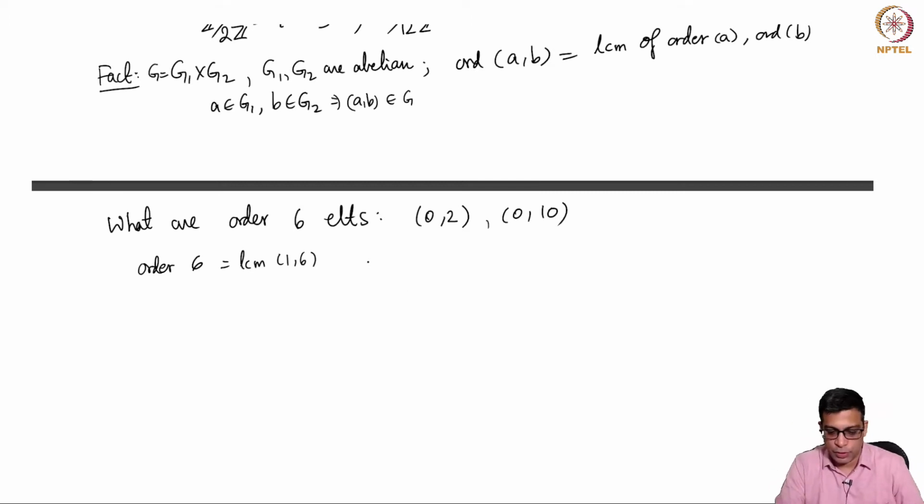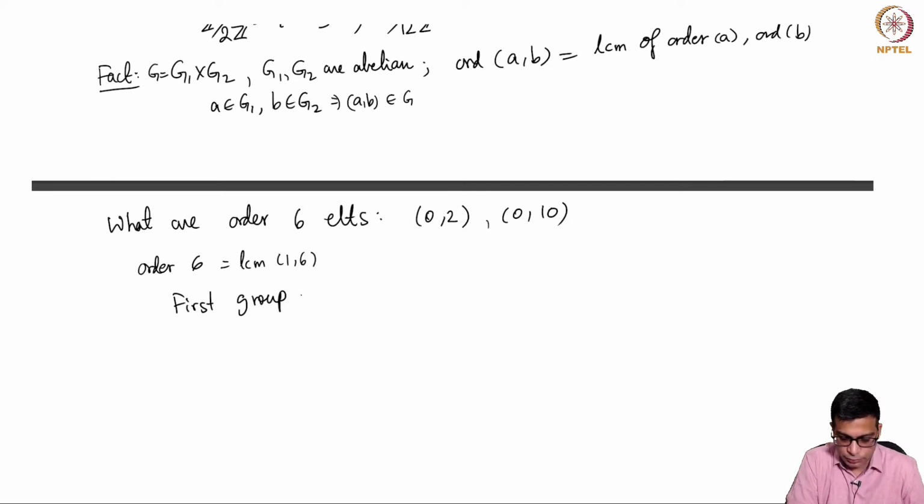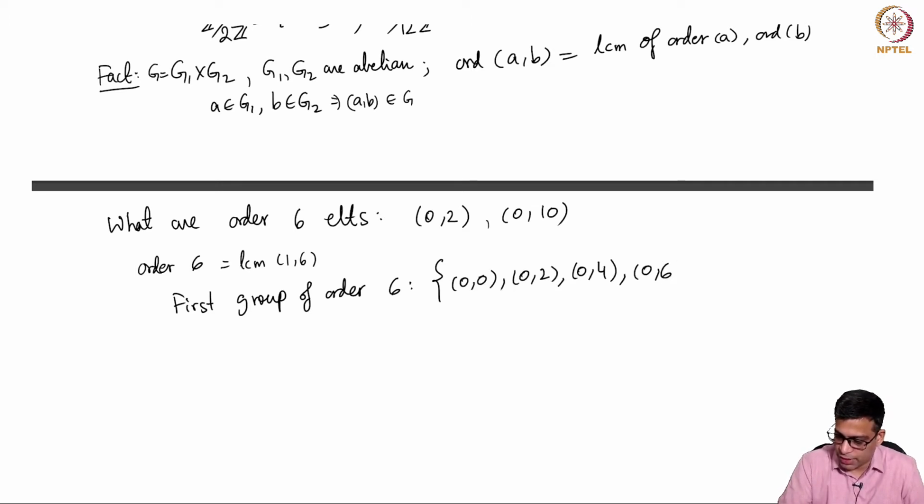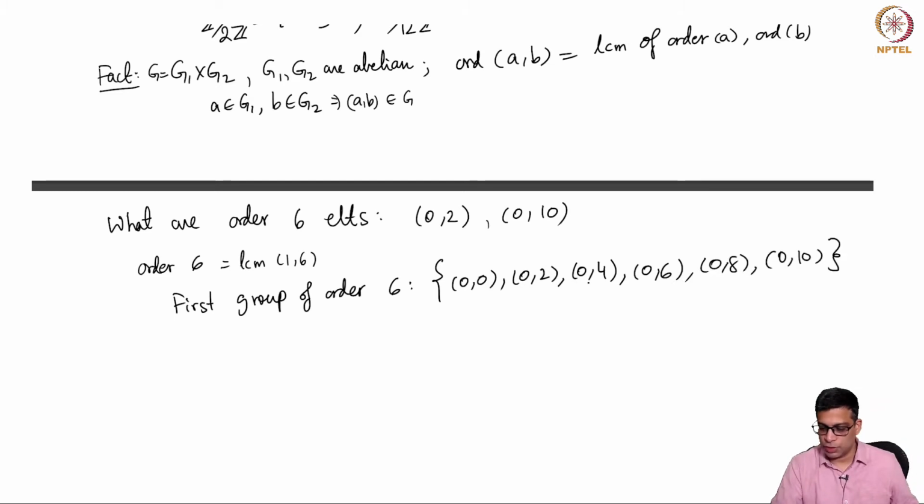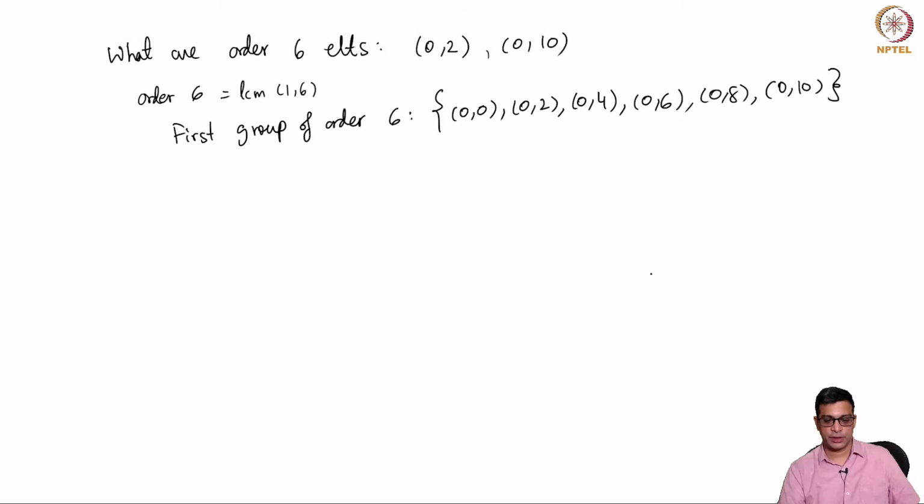So the first group of order 6 is simply (0, 0), (0, 2), (0, 4), (0, 6), (0, 8) and (0, 10). So this is 1, 2, 3, 4, 5, 6 elements. Okay. Now this is the only group whose first coordinate is 0.